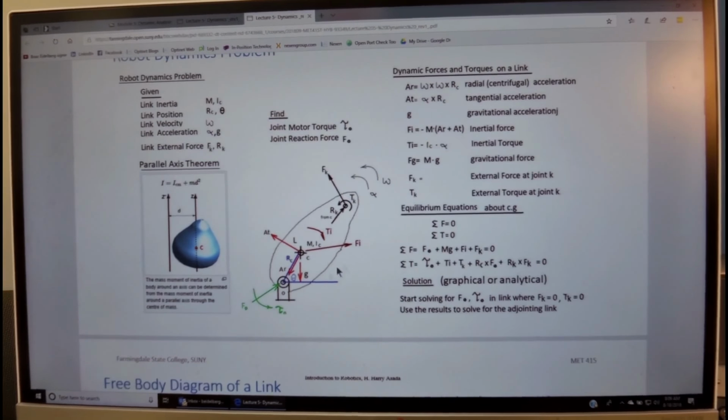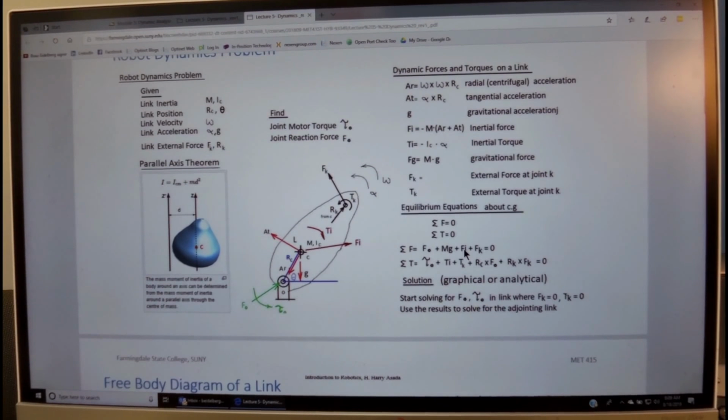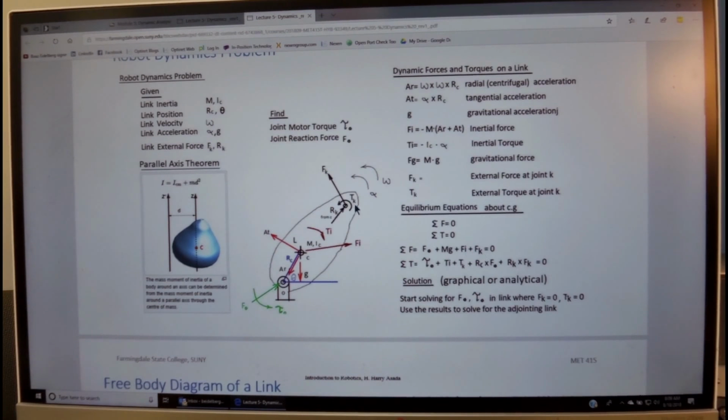So see that for this rigid body diagram, summation of forces includes the force of the base on a reaction plus the force of the gravity plus the force of inertia plus the force of the next link acting on this link, all have to be equal to 0, where the inertial force is minus m times a.